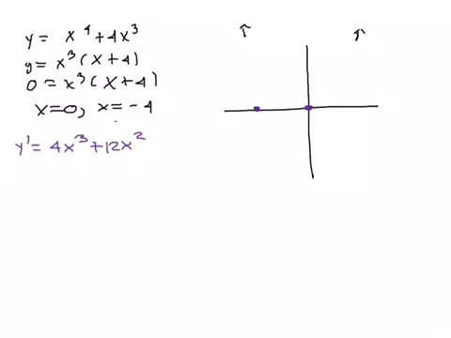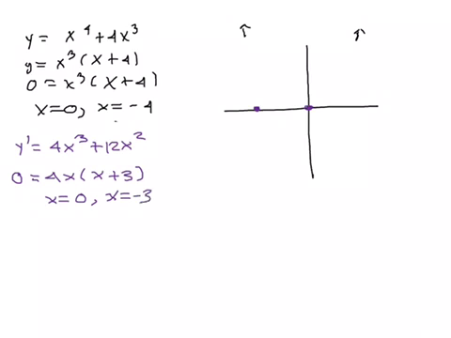Pause. Okay, hopefully you've done that. I'm going to do it again, and if you were having any trouble with any of those pieces, we'll fix it now. I'm going to find the critical values by setting the derivative function equal to 0. So I see that critical values are when x equals 0 and x equals -3.